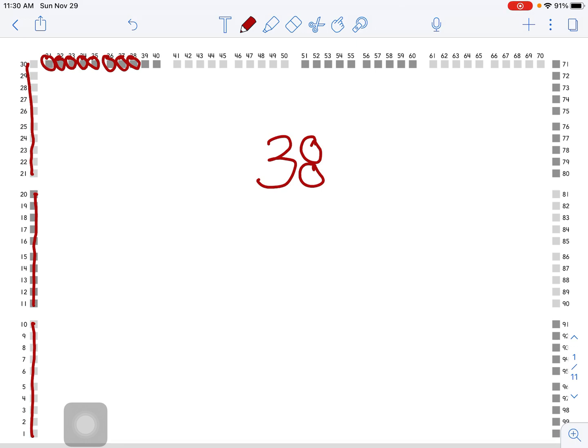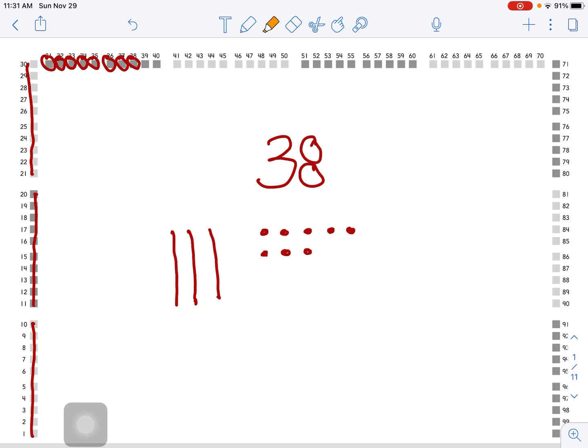So now as we make them with our quick tens and our ones, we are going to write 10, 20, 30, 31, 32, 33, 34, 35, 36, 37, and 38. And where did we find those 38?